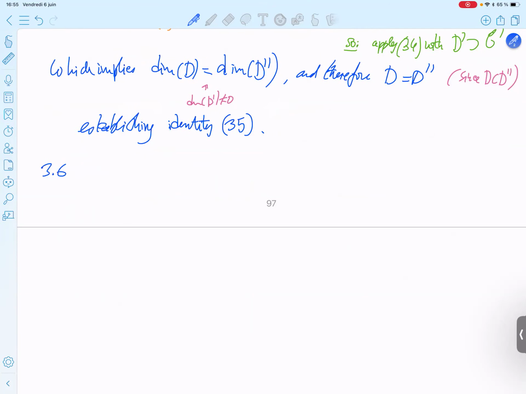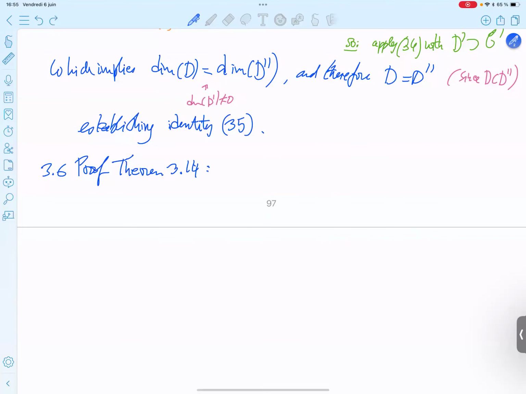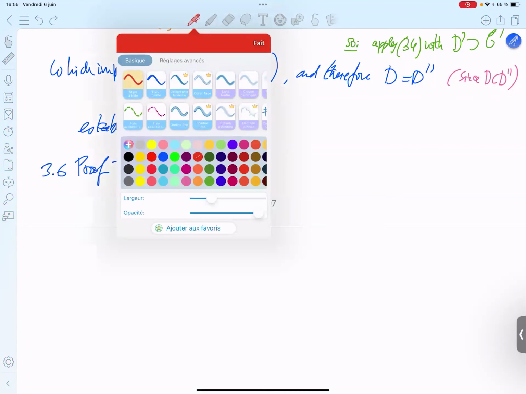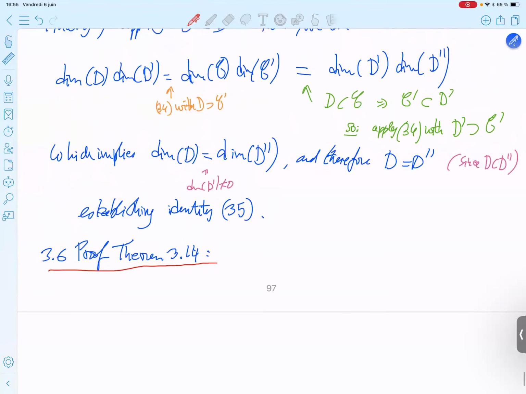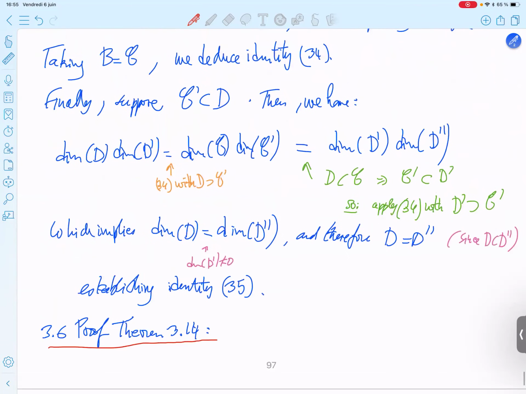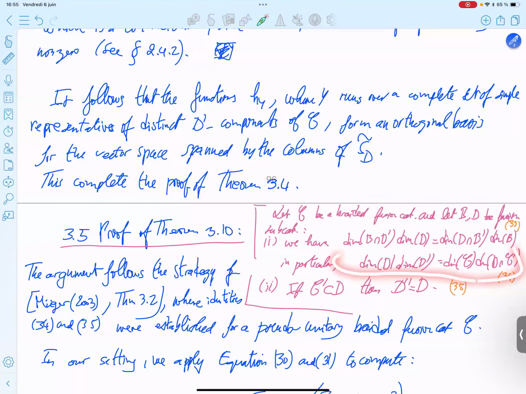Next time we will prove theorem 3.14. I will stop here. I will not write it, but just say it orally. So in fact, I just need to say that theorem 3.14 is the identity 34, but with the Frobenius bound dimension.